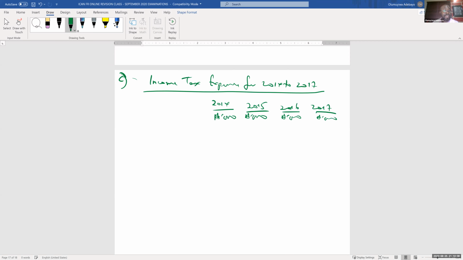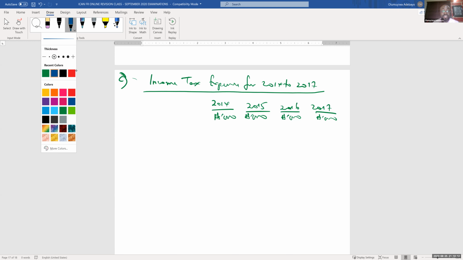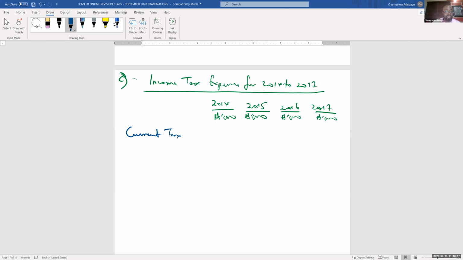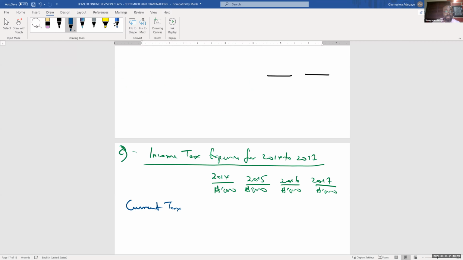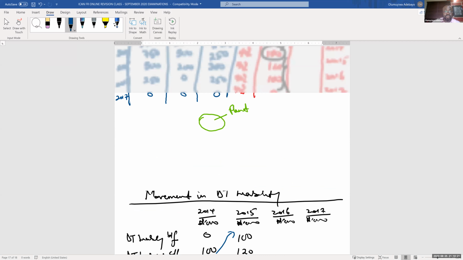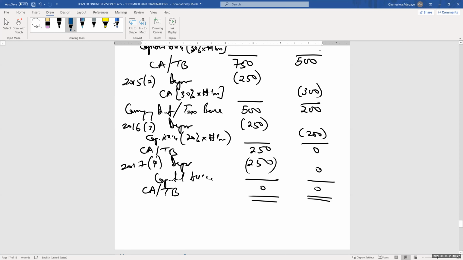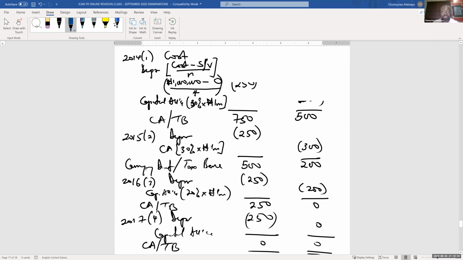Now, what's my current tax? My current tax from above, if you remember, is what? 60, 140, 180, and 260. Can you see it?